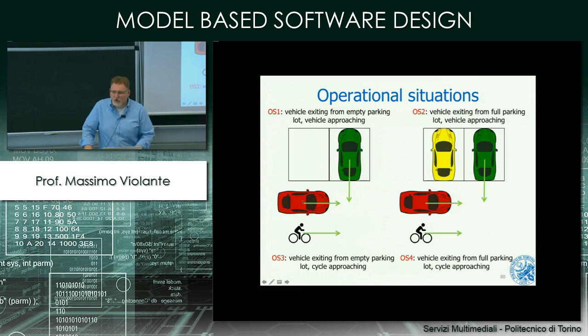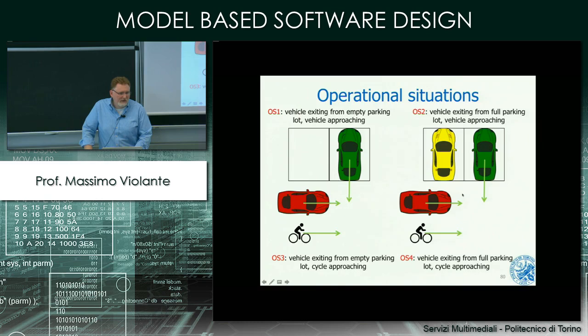Okay? So in this case, you have to consider 4 operational situations. Vehicle exiting from empty parking lot, vehicle approaching, operational situation 1. Operational situation 2, vehicle exiting from full parking lot, vehicle approaching.